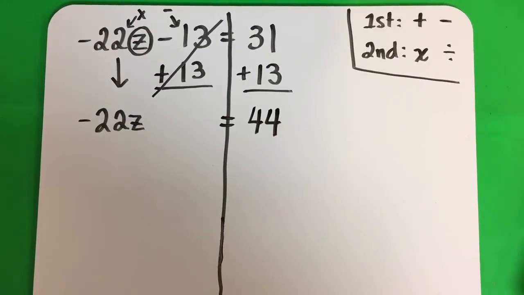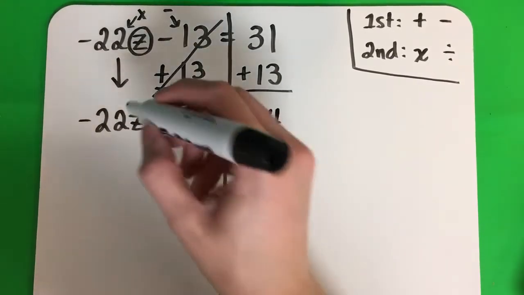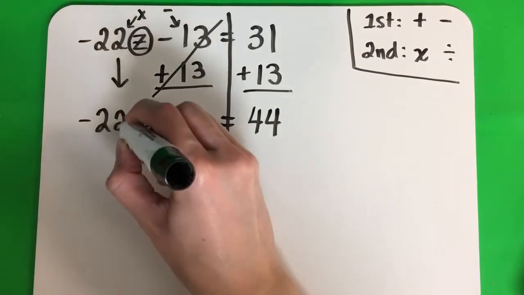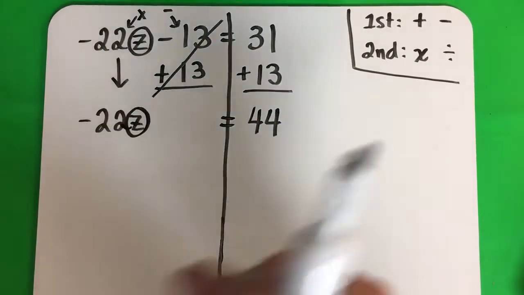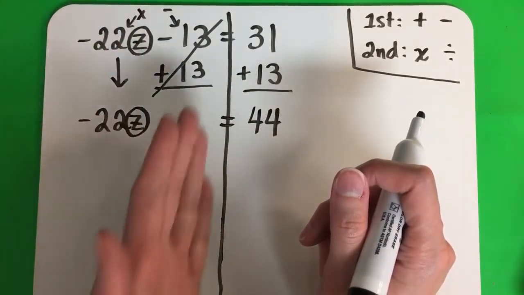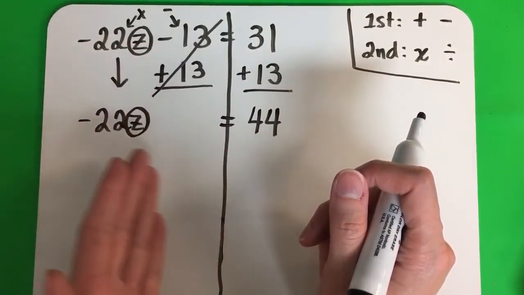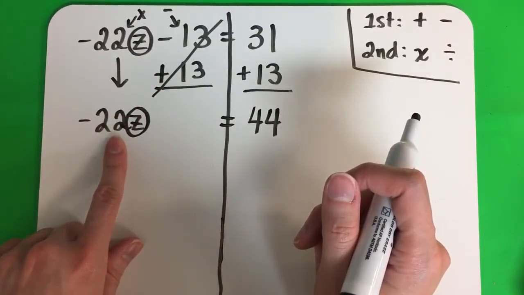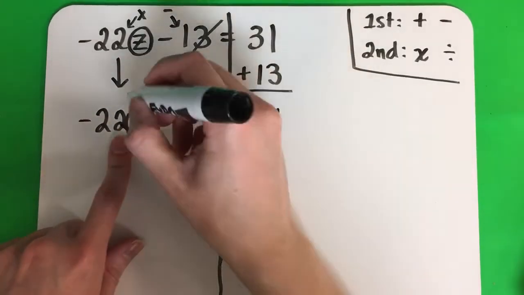My goal is for the letter alone, mi meta es la letra sola, so let's circle it. Where is the letter? On the left. What number is on the left? Negative 22.